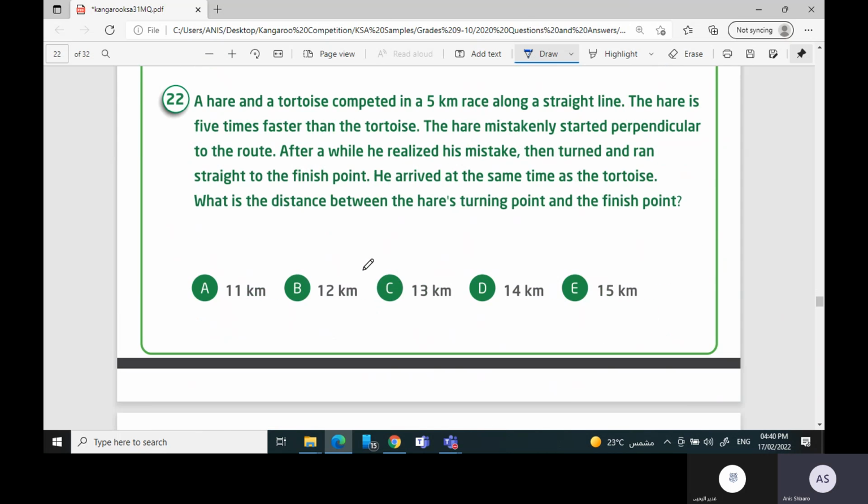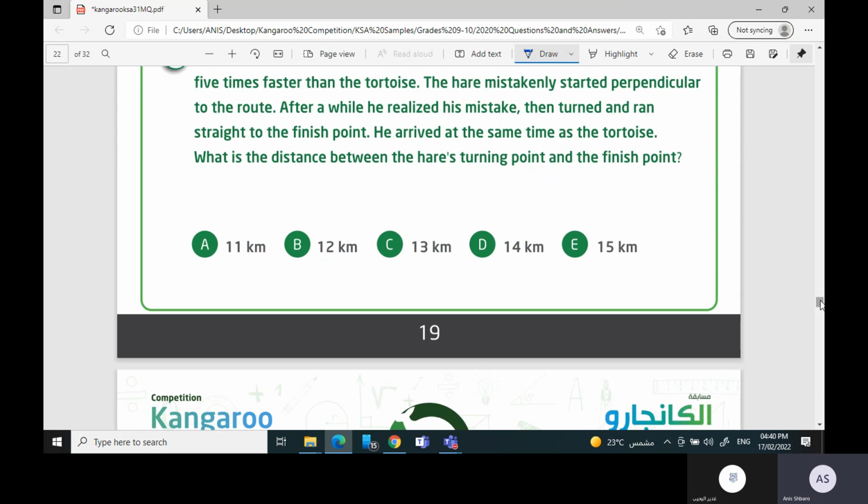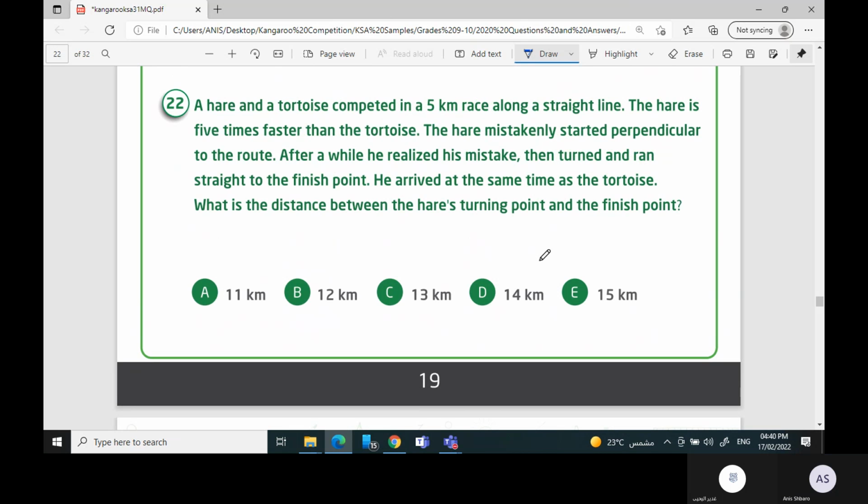Now, the hard question. We need to explain it, and if we have time, we will finish it today. A hare and a tortoise, by the way, hare is a wild rabbit, and a tortoise is the turtle that moves on land, not in water, competed in a 5-kilometer race.